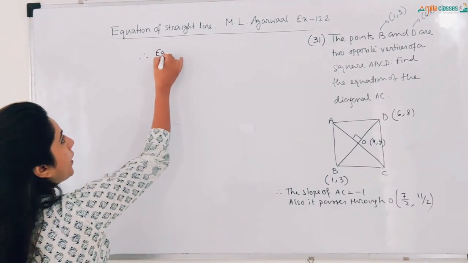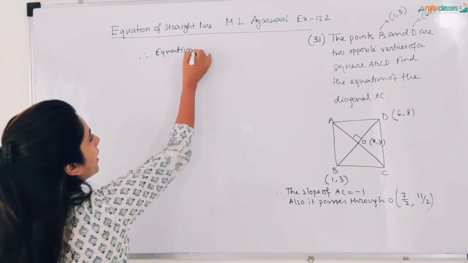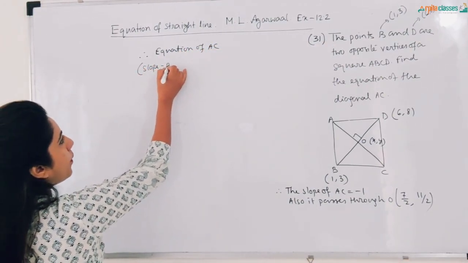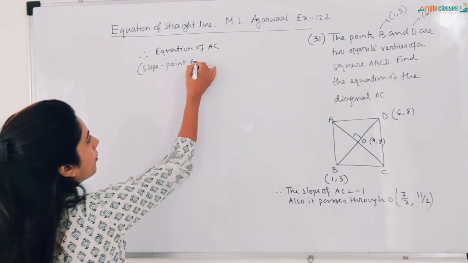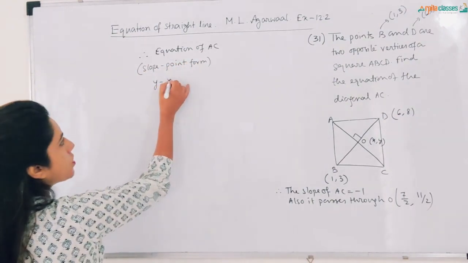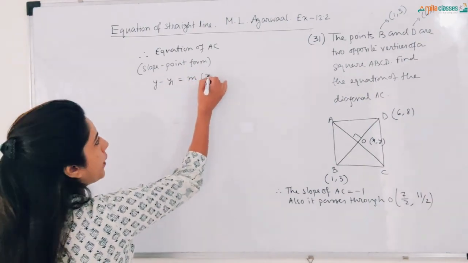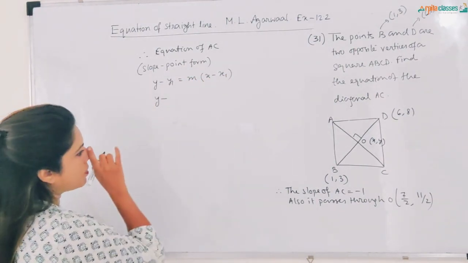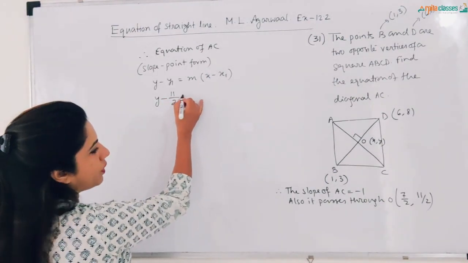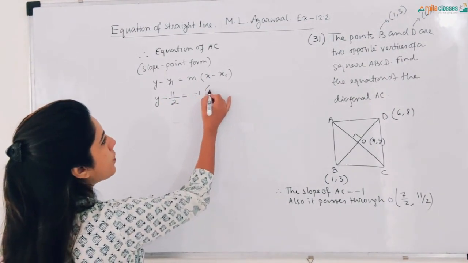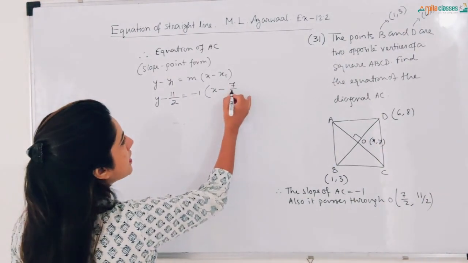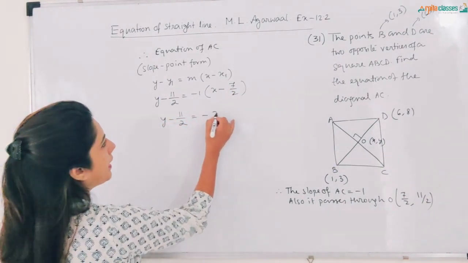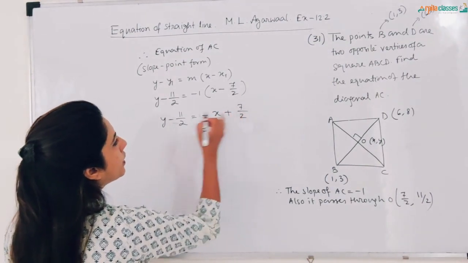Therefore, equation of AC by which form? Slope point form. Y minus Y1 is equal to M whole into X minus X1. So Y minus Y1 is 11 by 2, M is minus 1, X minus X1 is X minus 7 by 2. So Y minus 11 by 2 is equal to minus X plus 7 by 2.